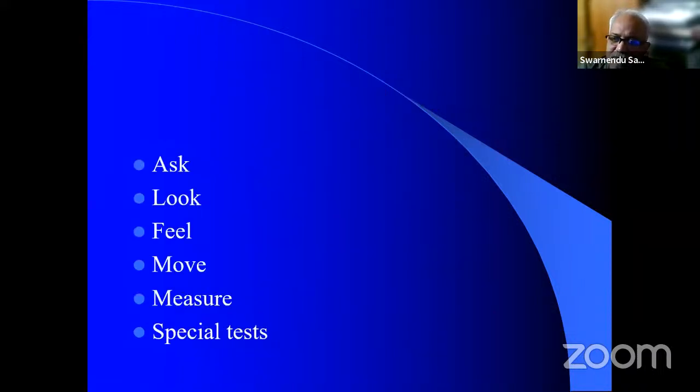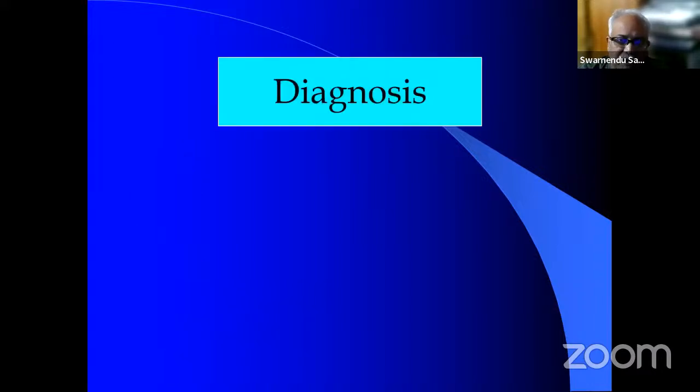As we all know, whatever joint we examine, there is a certain protocol of examining: ask, look, feel, move, measure, and then the special tests. Similarly, it is all true for the shoulder joint. I think it is more true for the shoulder joint, because if we patiently listen to the history, most shoulder problems can be diagnosed.